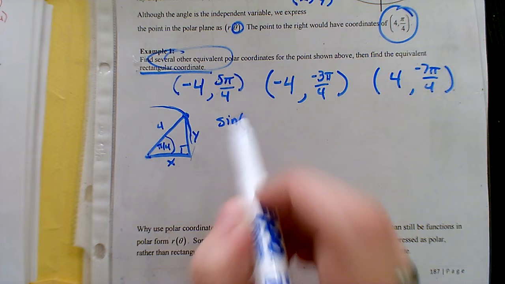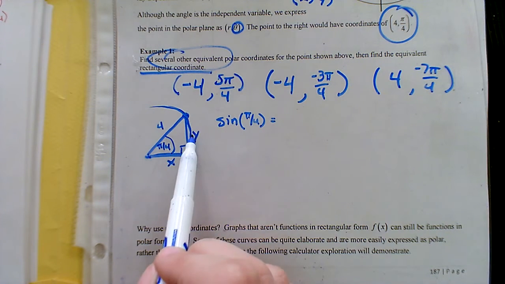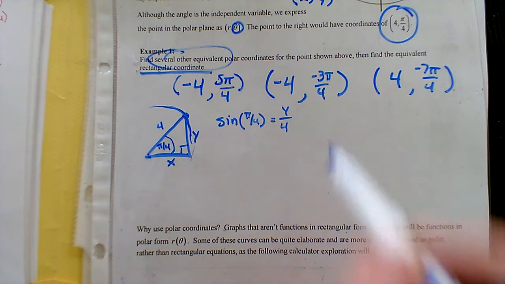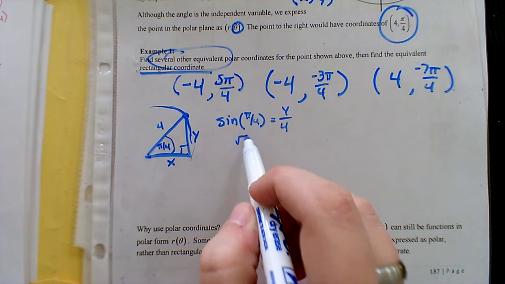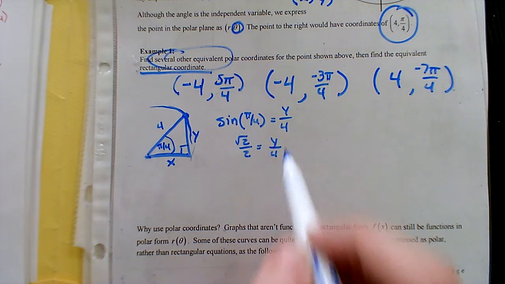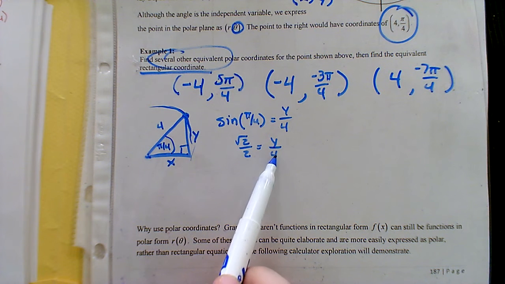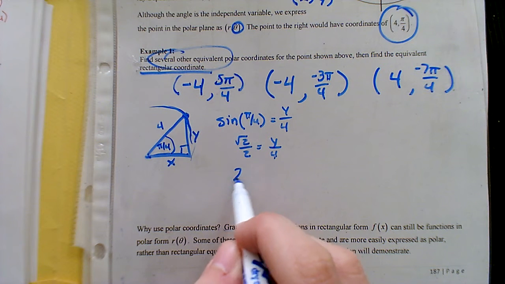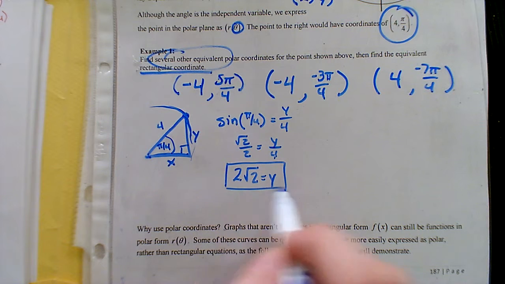So for instance, if we took the sine of that angle, we would need the opposite side, which was y, over the hypotenuse, which was 4. So using that unit circle, sine of pi over 4 was square root of 2 over 2. And like Eric said, we're going to have some multiple of that. We'd have to multiply the 4 over, which would essentially cancel out the 2 down below, and we'd have a 2 left over. So the y-coordinate is 2 square roots of 2.